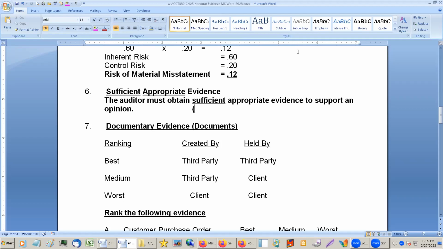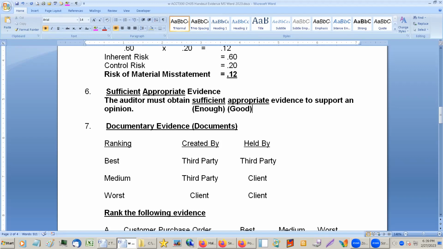Sufficient usually is for a quantity, to get enough evidence. So enough for a quantity, and appropriate, maybe this is enough good evidence to support an opinion.